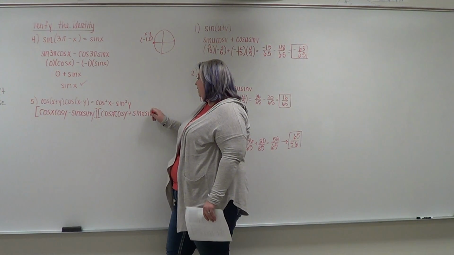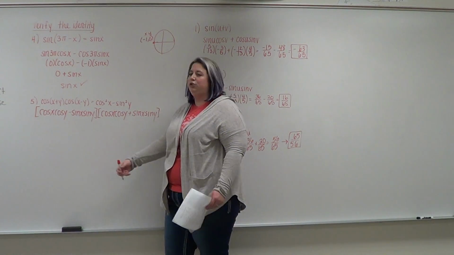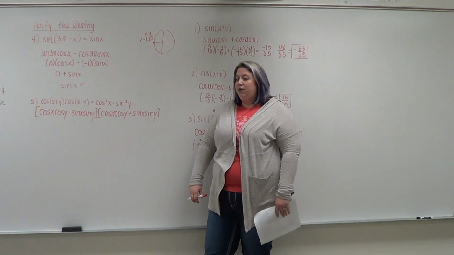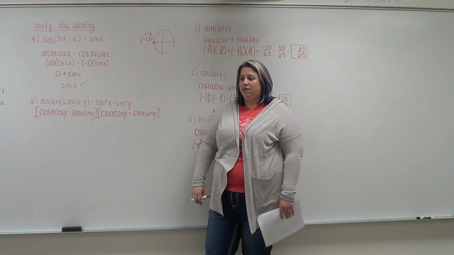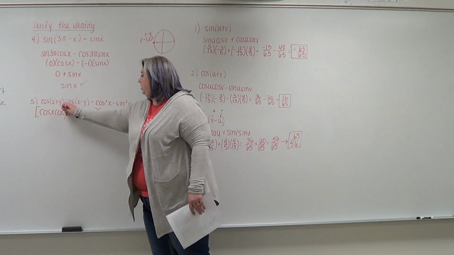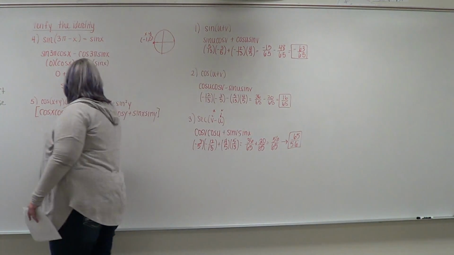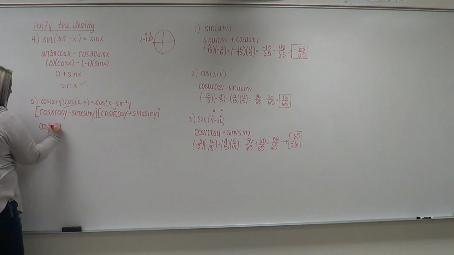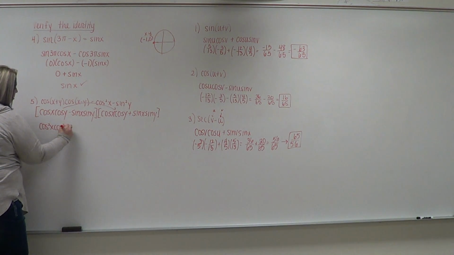Bracket. I did brackets, you can use parentheses, doesn't matter. Okay, then what do you do now? Distribute, you multiply, right? Okay, now what's gonna happen when I multiply these together? These are gonna become squared. So I have cosine squared x, cosine squared y.